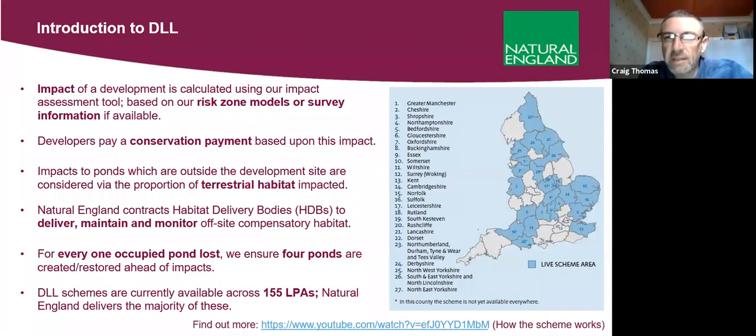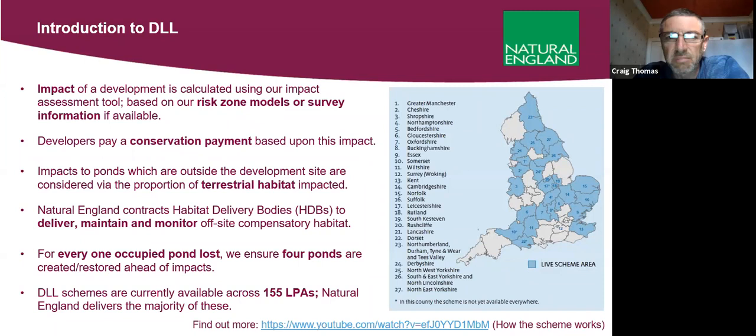Survey information is probably available less than 50% of the time. It's certainly not required, but it may be available. We do require that if it is available and ask for it, and we use that information to base a judgment on the impact of a development. But like I say, most of the time we use our models.